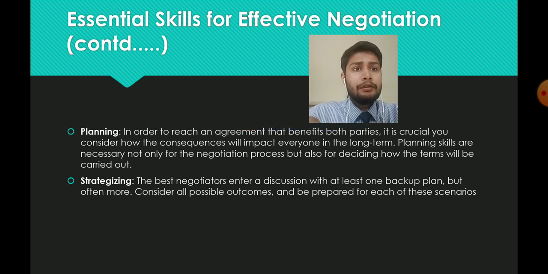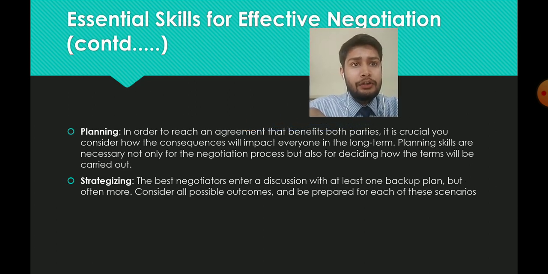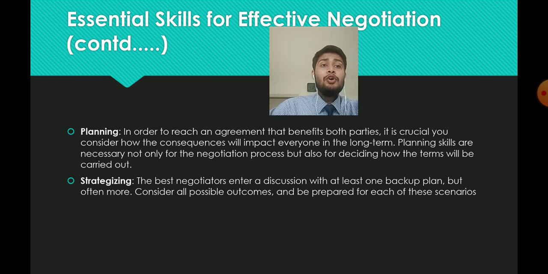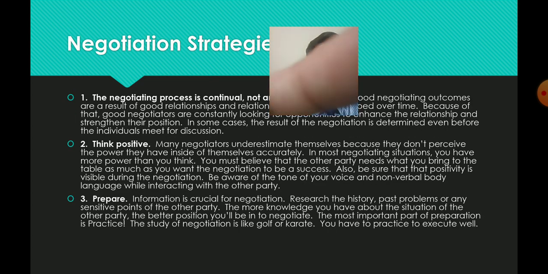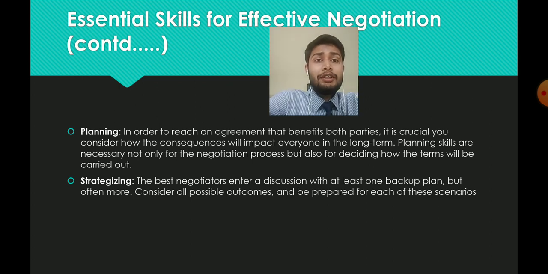Now the other thing is planning. Before going to a meeting or going for a negotiation, we require good planning. Planning skills are very necessary for any negotiation process.